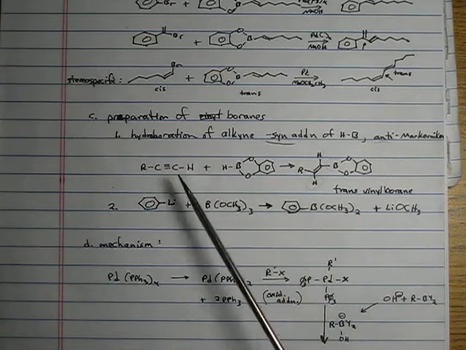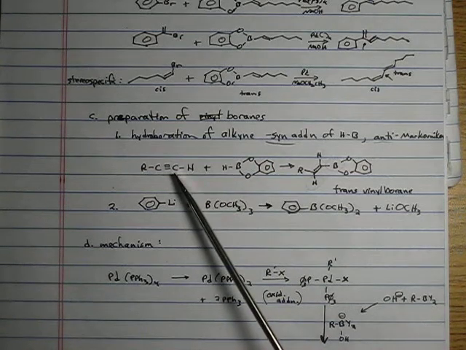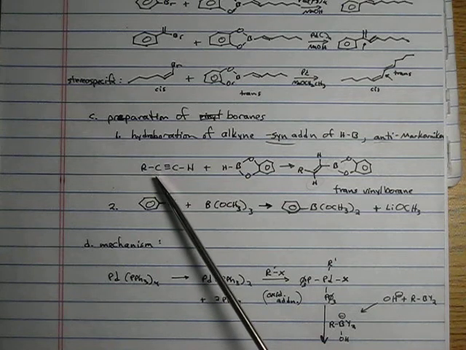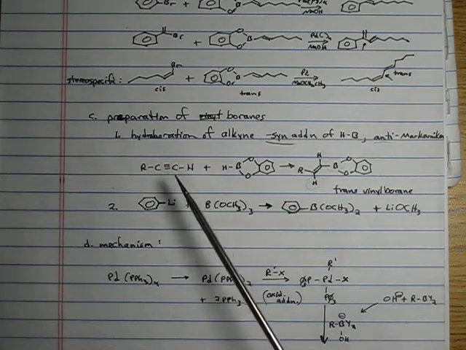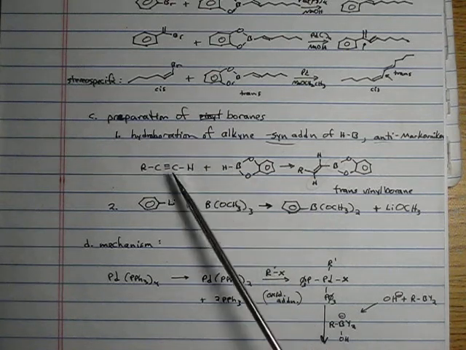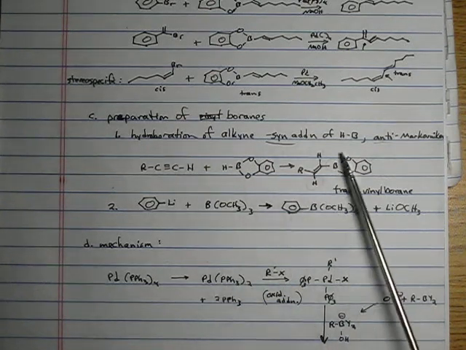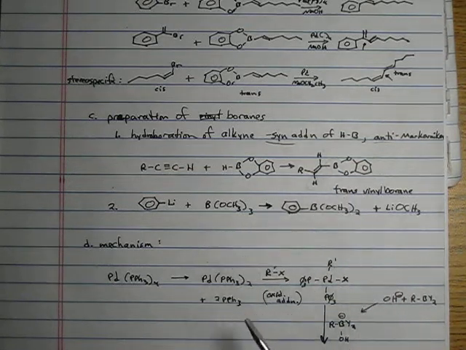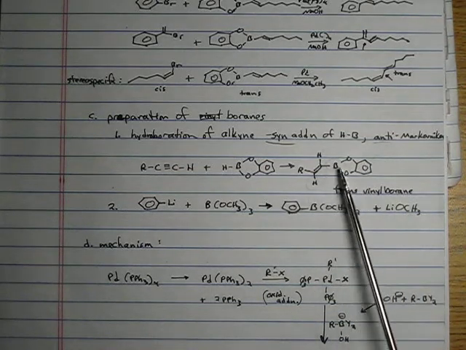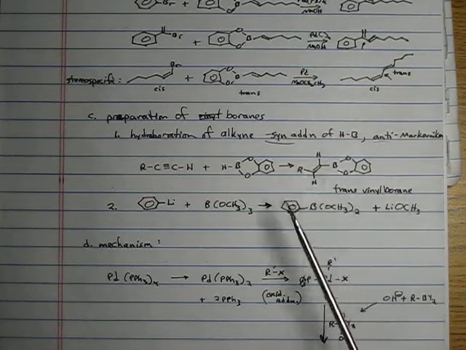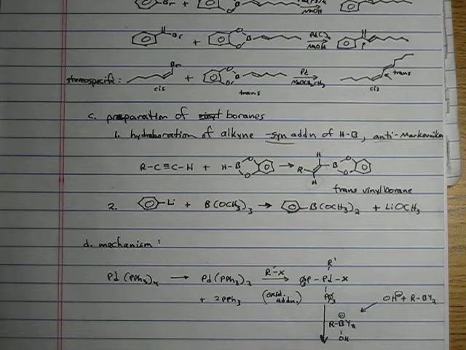This boron bonds to the terminal carbon, and the hydrogen bonds to this carbon because anti-Markovnikov, the hydrogen goes on the carbon with fewer hydrogens. Boron's going to add to this carbon here, and you get this all the time, syn addition. So because it's syn, this will be trans. Our vinyl borane will be in this trans configuration.